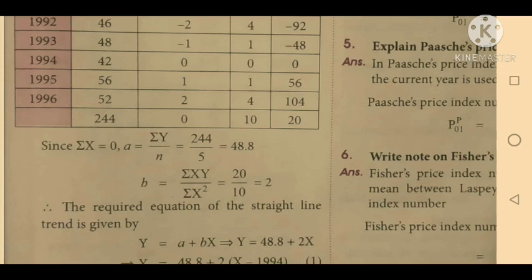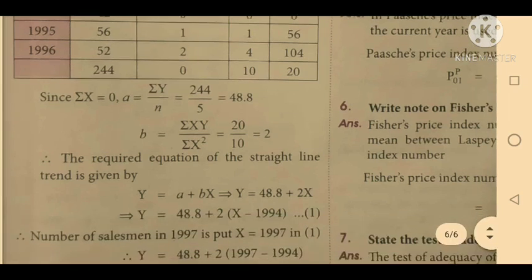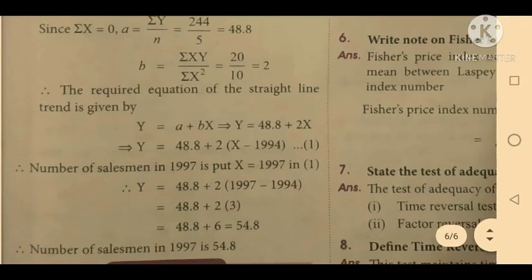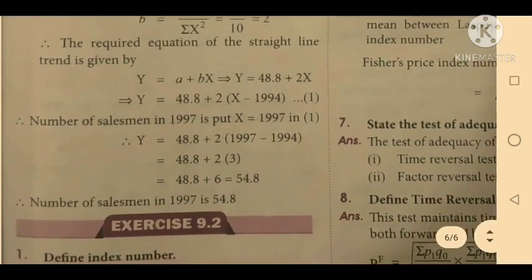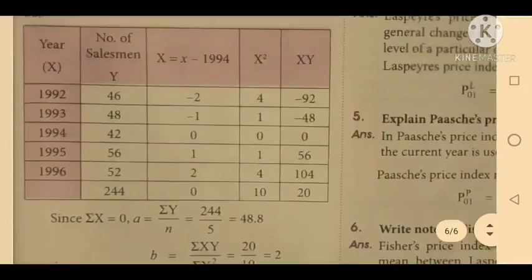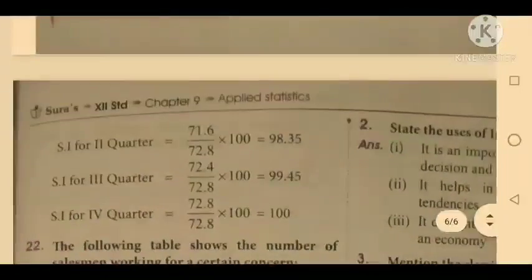And the required equation of the straight line trend is given by y equal to a plus bx. Okay. Then substitute the value of x, that is each and every year we are finding the number of salesmen in each and every year. Okay. So this is the way you do all the sums in this exercise.